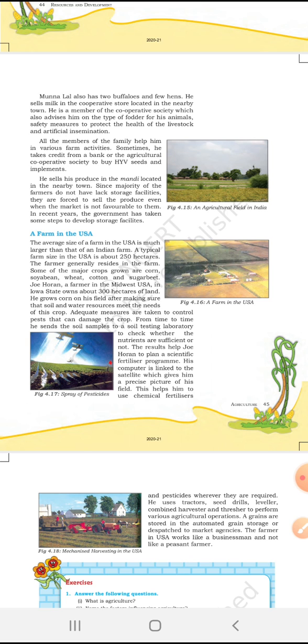That is, developing agriculture so that everyone receives the benefits.